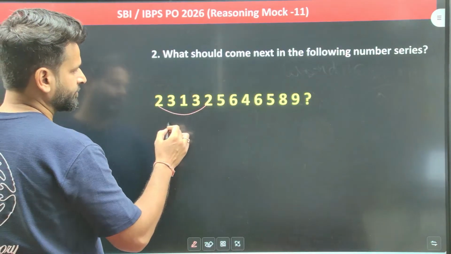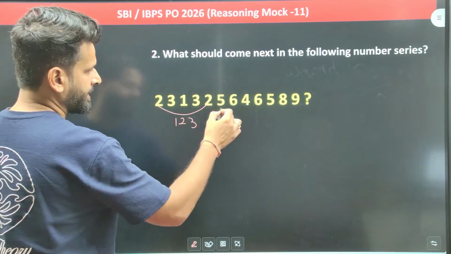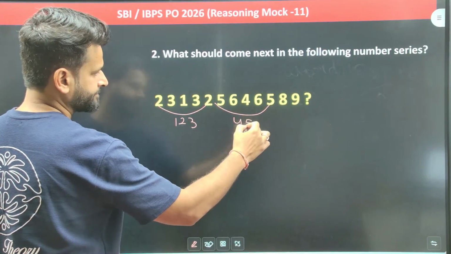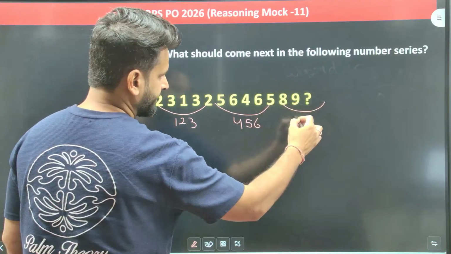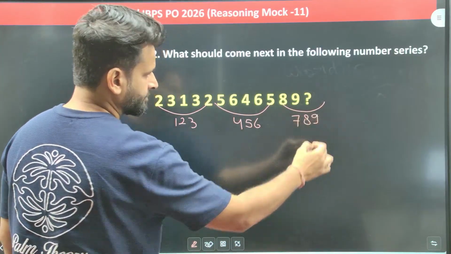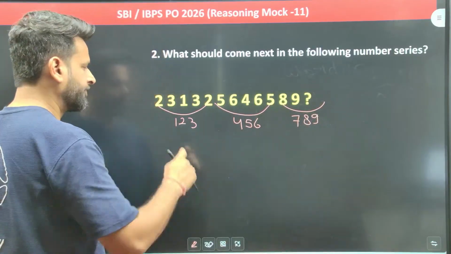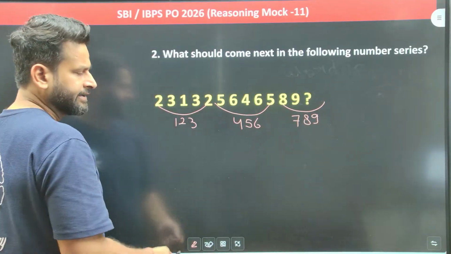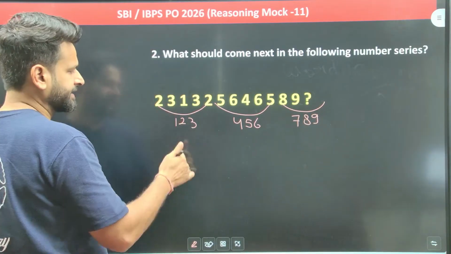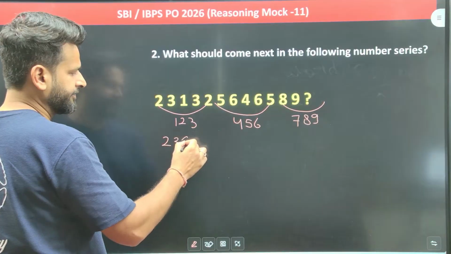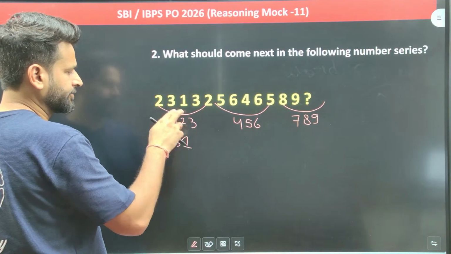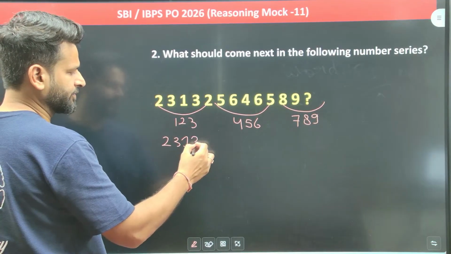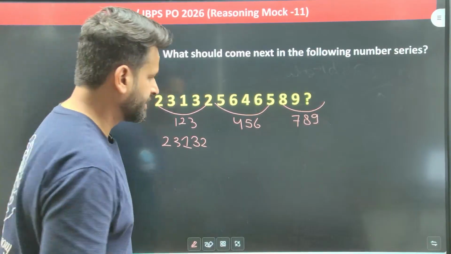It is 1 2 3, then 4 5 6, then 7 8 9. Okay. 1 2 3, how is it written? First, the last two digits are written, 2 3, then the first, and then 2 3 is written just the opposite, 3 2, flipped. Okay.